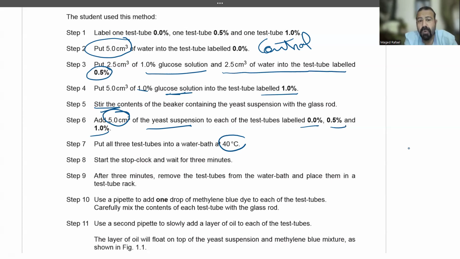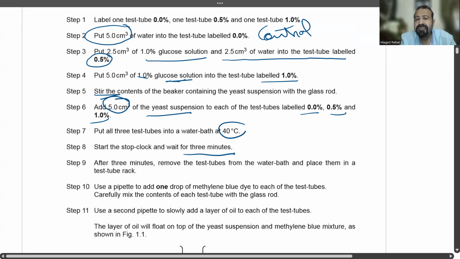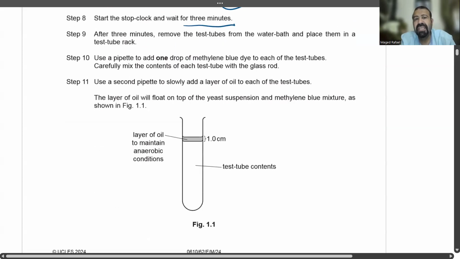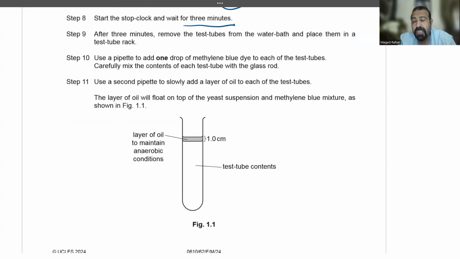He started the stopwatch and waited for 3 minutes. The 3 minutes is waiting for the effect of the thermostatic water bath, in order to distribute the temperature evenly in the 3 tested tubes. After 3 minutes, he removed the tested tubes from the water bath and placed them into a rack. He added 1 drop of methylene blue dye.